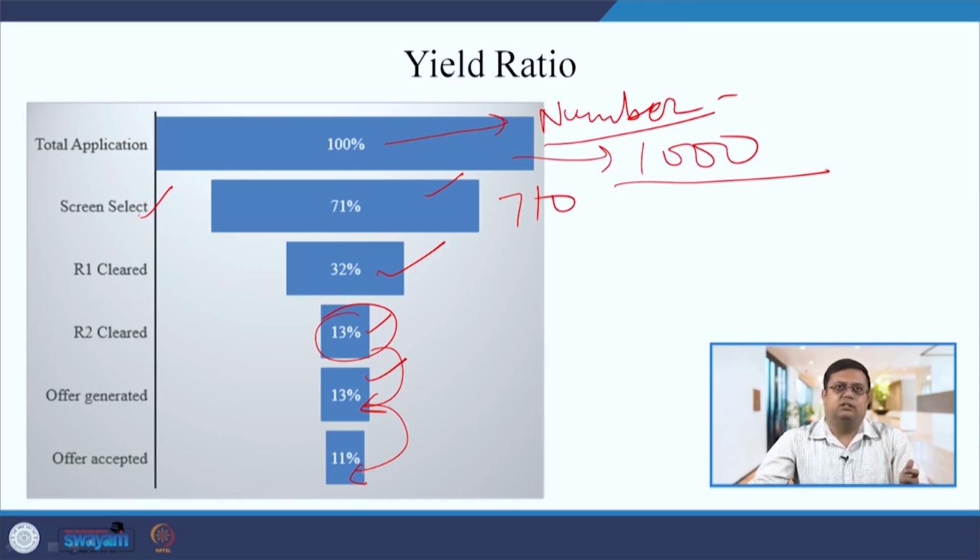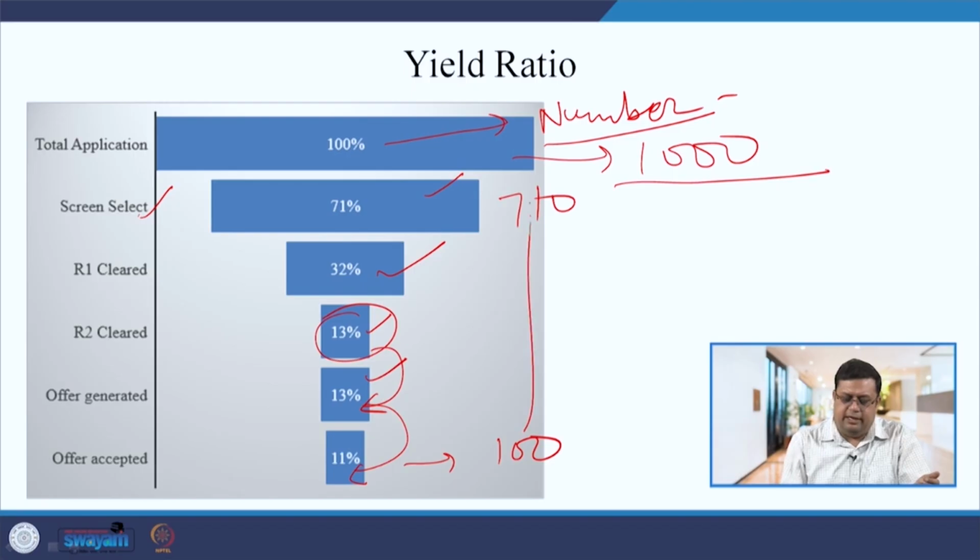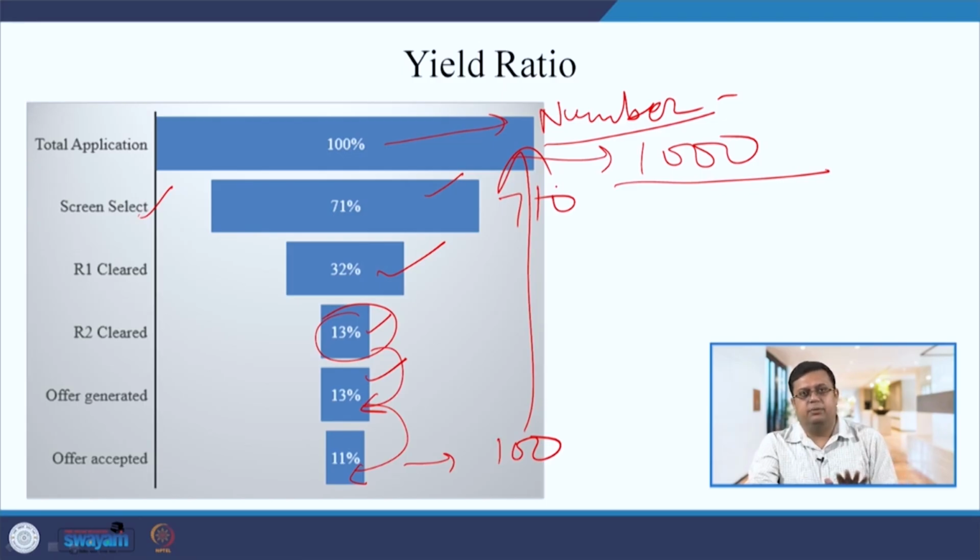For next year, if you have to hire, for example, just 100 employees with an 11% yield, then at least 1000 applications you need to generate, right? So that is how you can make estimations about the data you need to generate next year. And in terms of presentation, you can present it in this way.